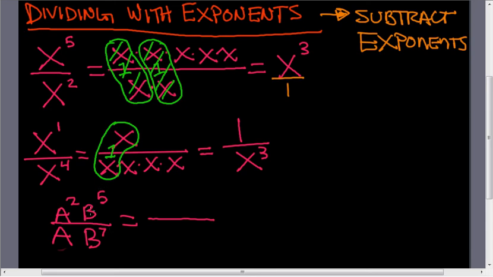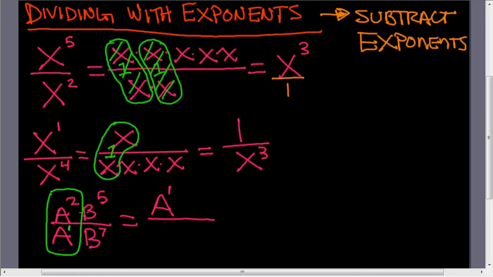It looks like a lot going on, but I'm just going to look at the a's. You have a to the power 2 over a to the power of 1, remember when there's no exponent it's just a 1. Subtract the exponents. 2 minus 1 is 1. The most a's are on the top, so my answer will go on the top. I'll put the 1 for now just so we can see it.